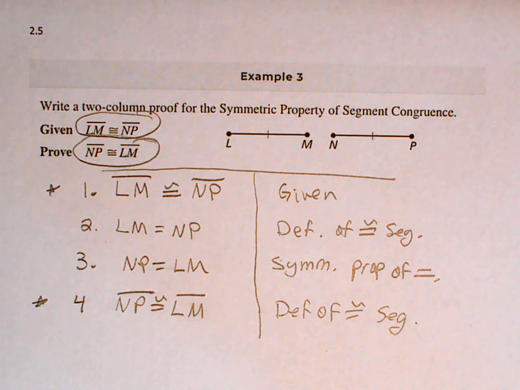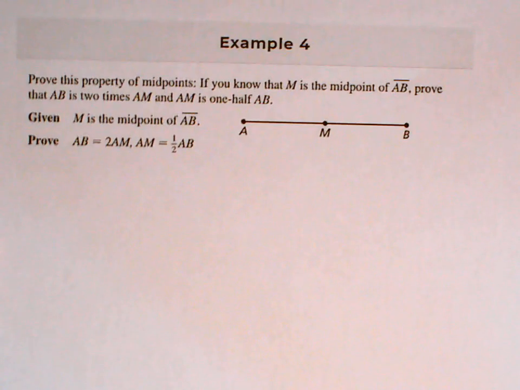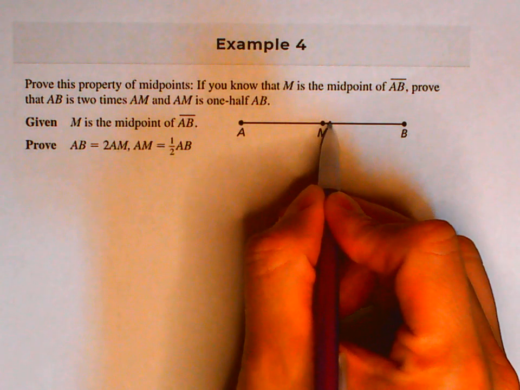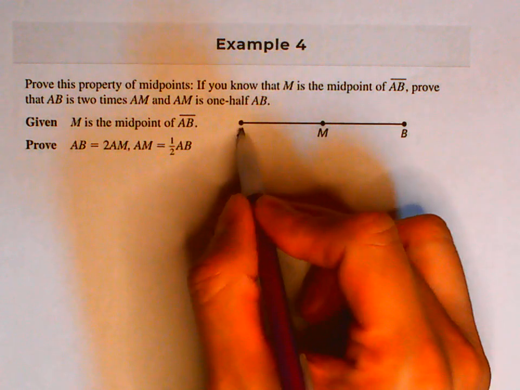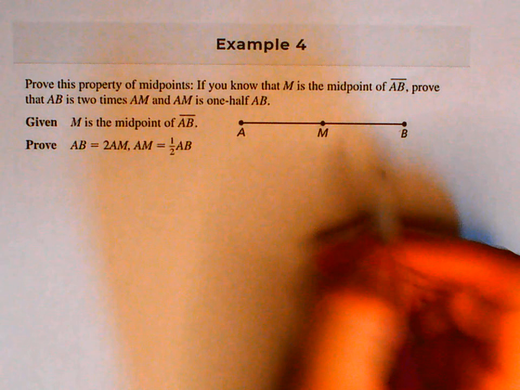All right, so let's take a look at the last example, example number 4. It says, prove this property of midpoints. If you know that M is the midpoint of AB, prove that AB is equal to 2 times AM, and that AM is half of AB.